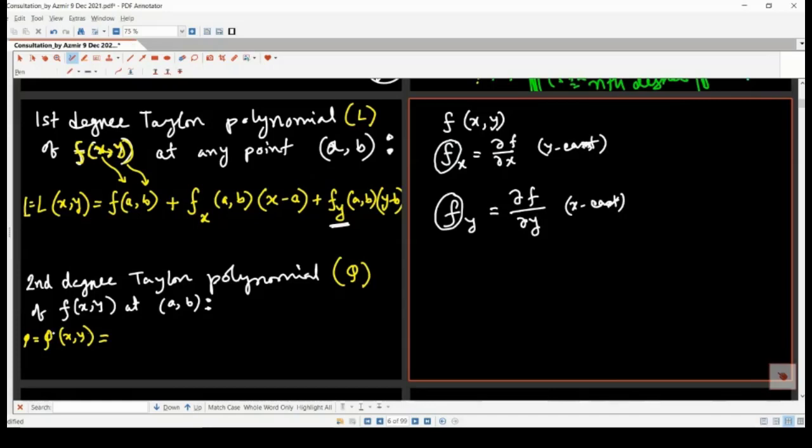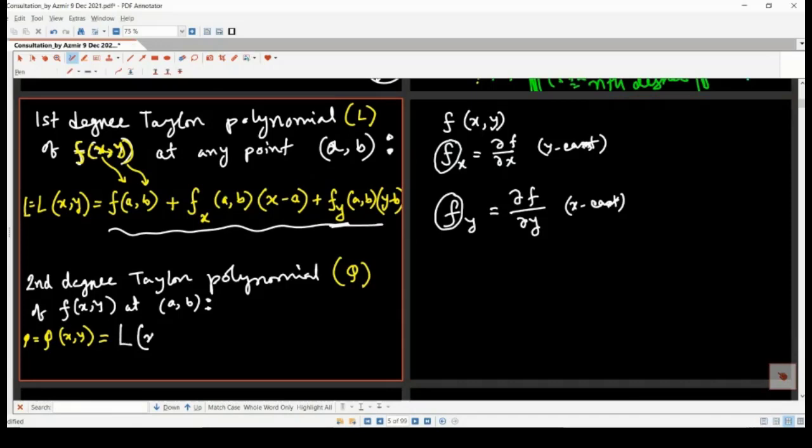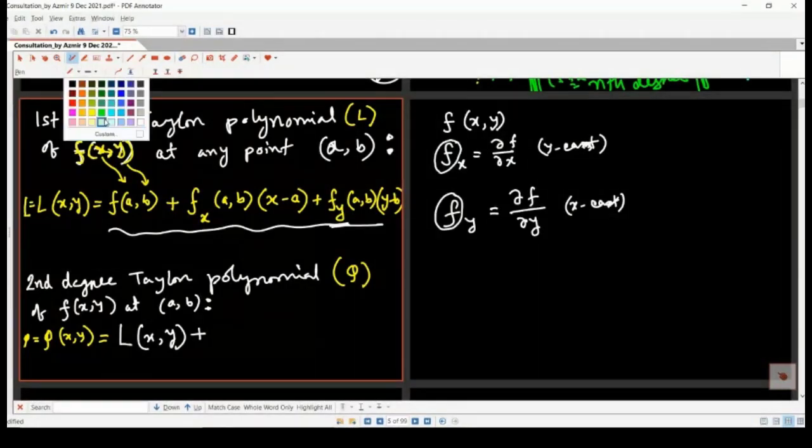Now, what is q of x comma y? Whenever we are trying to find q of x comma y, it is sure that all these terms will come here. That means, in short, we can write L of x comma y plus, now I am going to write the next terms. But remember, if you are asked to find the second degree Taylor polynomial, at first you have to find all these terms that you have in L of x comma y.